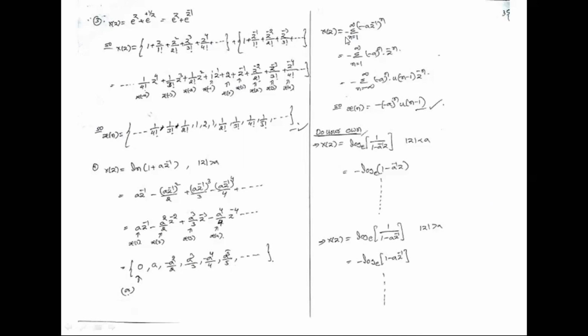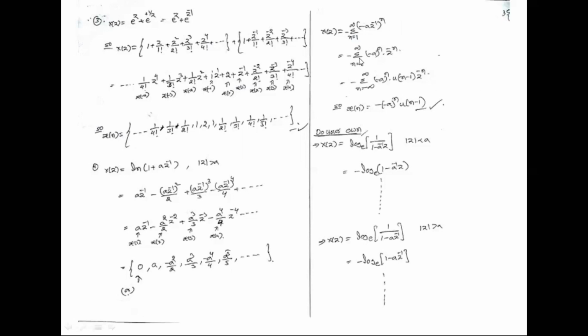The next, x of z is equal to sum of n equal to minus infinity to infinity, minus a z inverse whole power n. Because it is an increasing order, minus a z whole power minus 1 whole power n.